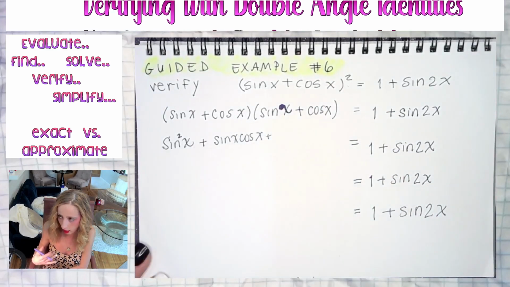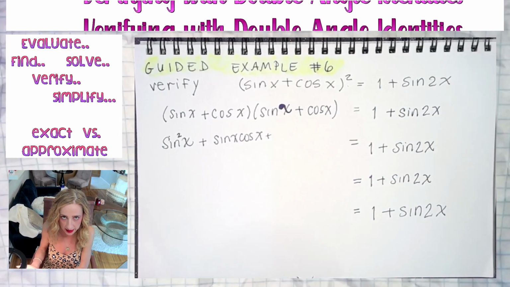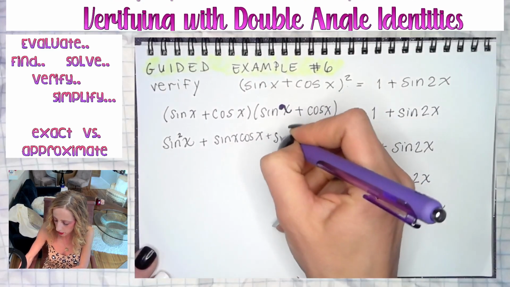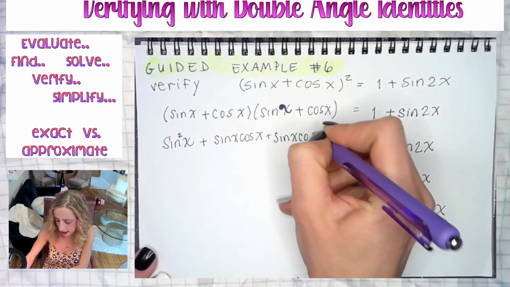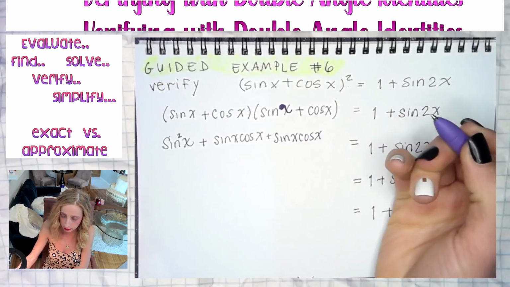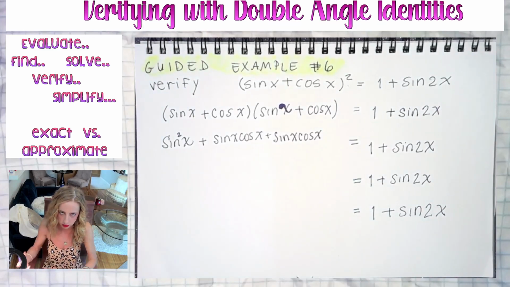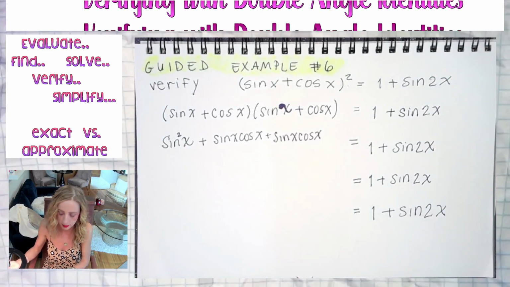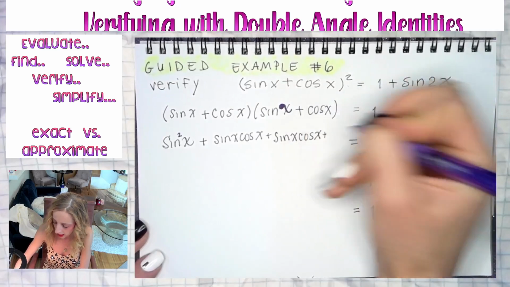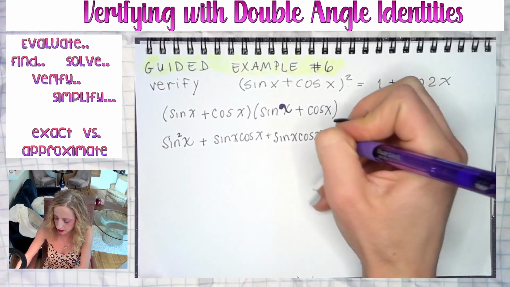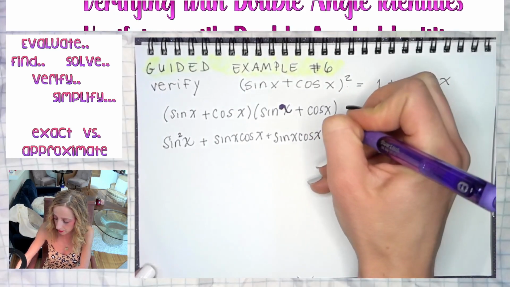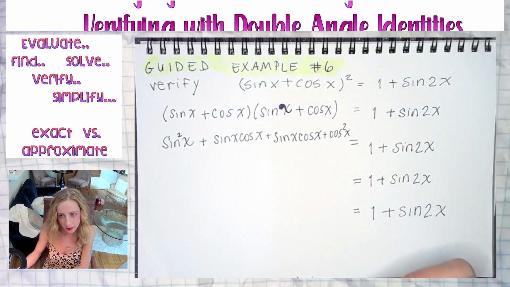For the sake of seeing clearly that they are actually the same, I'm going to write sine in front again, only because I did that before. Normally, I would already write on this step 2 sine x cosine x because I already combined it in my head, but not everyone will. And last times last, cosine x times cosine x will be cosine squared x.